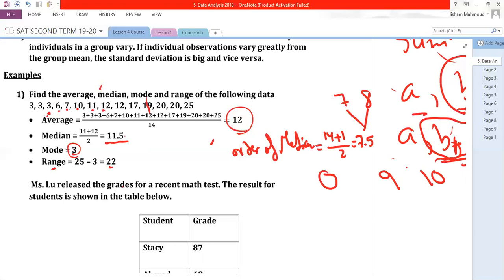It's far from it. And I'm not going to choose the range because 22 is far from the 3. But if we look at the median and the average, we'll find that this is exactly at the midpoint between 3 and 25. So which one would you take? If he is asking, I think the average will be better.